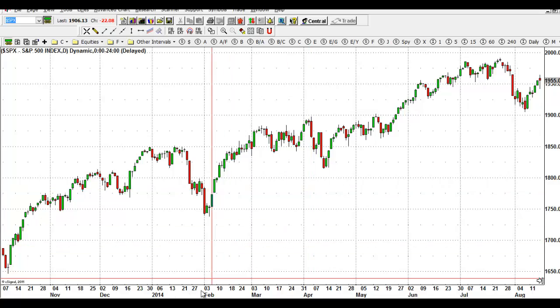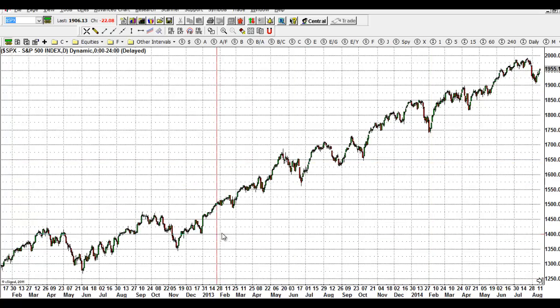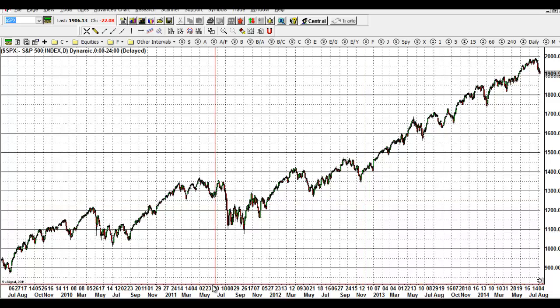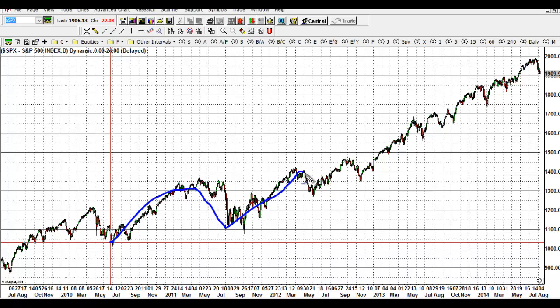This is a chart of the S&P 500, and we see this is a classic example of an uptrend, a series of higher highs and higher lows, and that is the definition of an uptrend. Higher highs, higher lows.